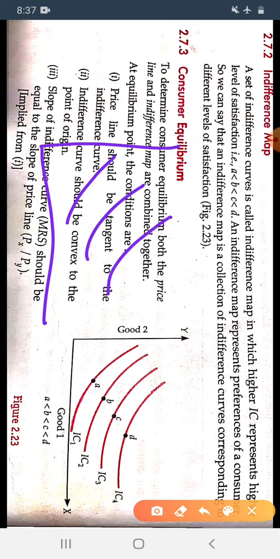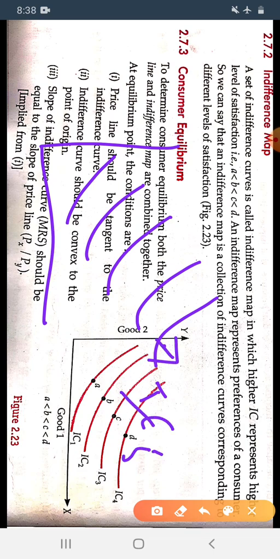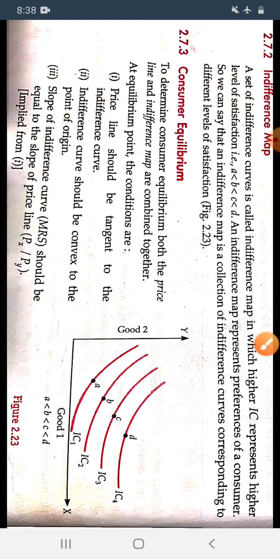For example, when a consumer wants to be on a particular IC curve, it shows the consumer's preference. The consumer thinks that the last IC gives more satisfaction, so he or she will prefer that combination of goods.